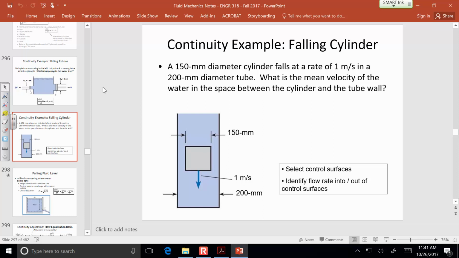So think about, what if this control volume is fixed in space, and we've got the cylinder passing through the control surface of the control volume. And so if the cylinder is moving at 1 meter per second, what will be the velocity of the water around the outside edge? So I'm going to give you a few more minutes to continue thinking about that, discussing with your classmates, and we'll find out what's the velocity out.